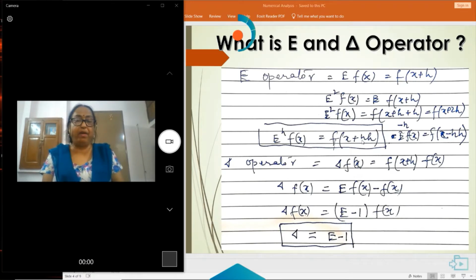Again, E operating on f(x plus h) is f(x plus 2h). And similarly, E to the power n f(x) will be f(x plus nh). And similarly, E to the power minus n f(x) will be f(x minus nh).